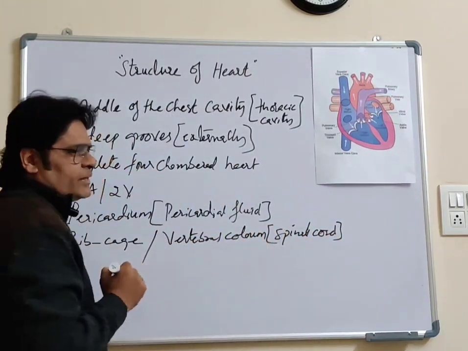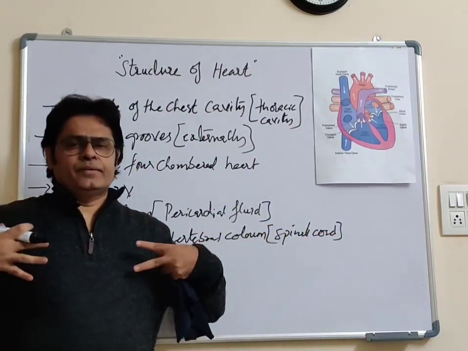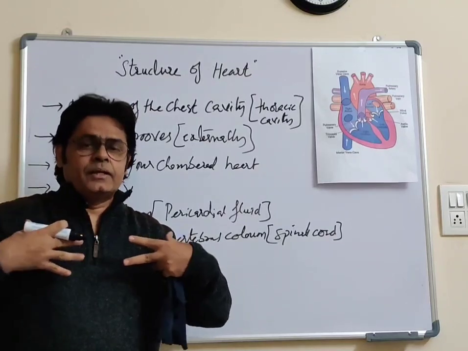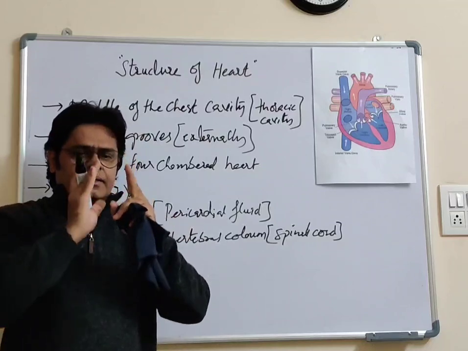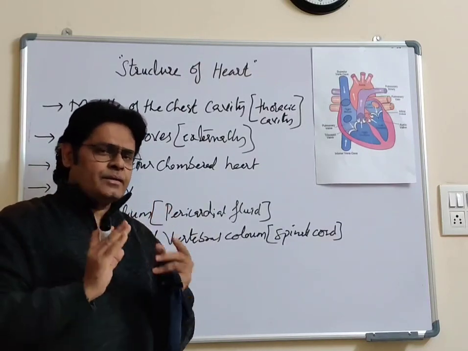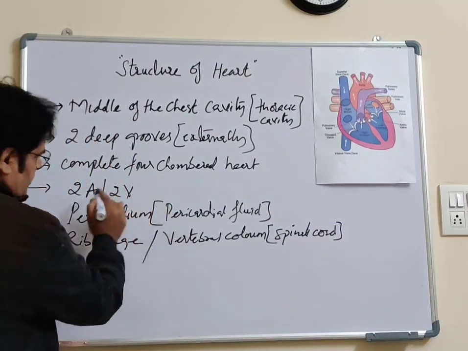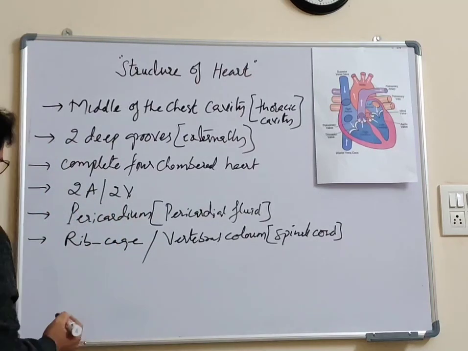Clear? From the front side, the rib cage, and from the back, the spinal cord or vertebral column. Completely all round, the heart is totally protected here.